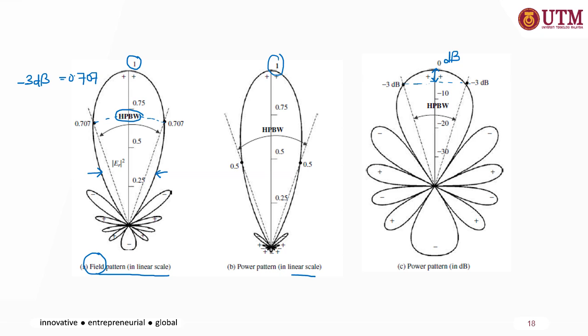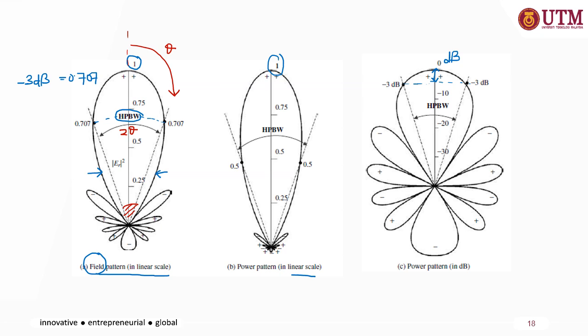The HPBW is the angle between these two points. The theta is measured from this point up to this point, so this is theta, meaning that HPBW will be 2 theta.